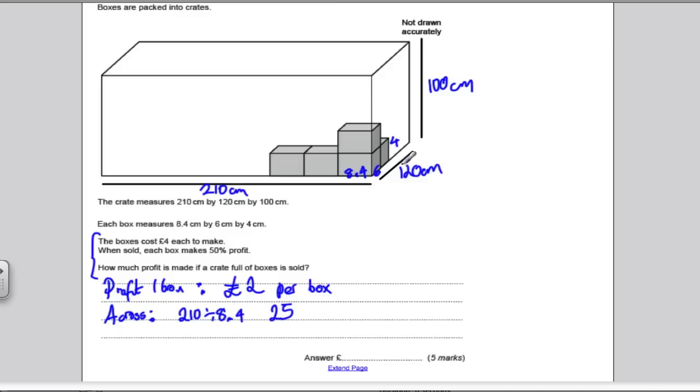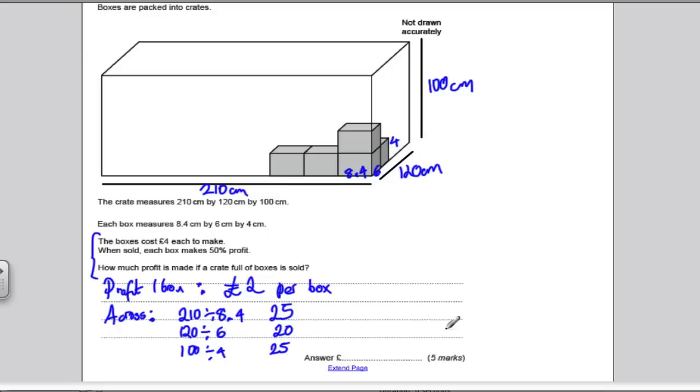Let's check how many would fit back that way: 120 divided by 6 is 20. And how many fit up? Well, you'd have 100 divided by 4, which is 25 boxes. So 25 can go along that way, 20 can fit backwards, and 25 can fit up.